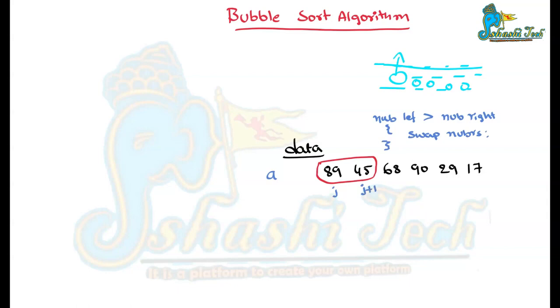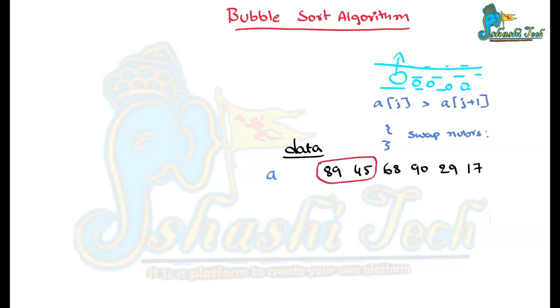So logically I can say the number on the left side, that is A of j, greater than A of j plus 1, the number on the right side. We shall replace this with A of j and A of j plus 1. Then we need to swap those numbers.